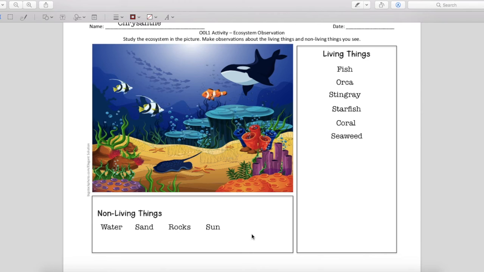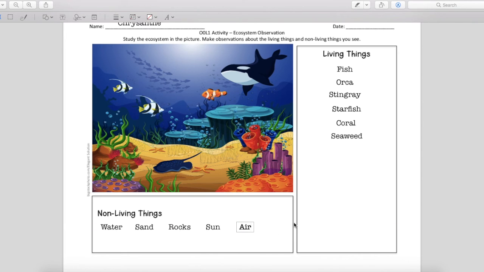So you might think that there's no air in the ocean, but there is. There's a lot of air. Not only is there air in these bubbles that we see right here, there is also oxygen in the water that we can't see. So I'm going to add air to my list of non-living things.